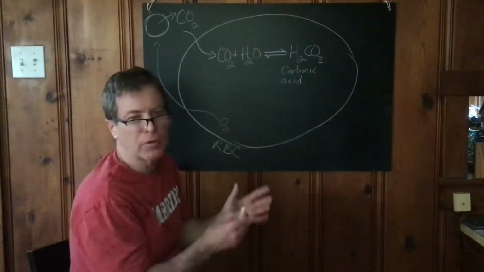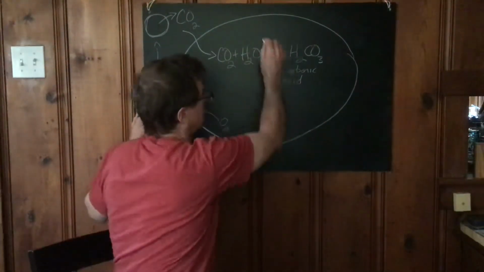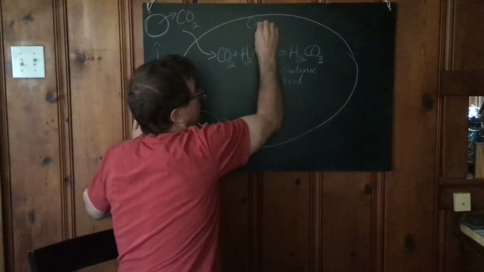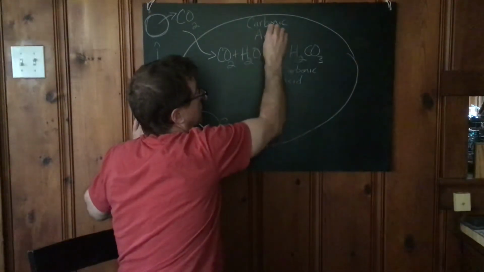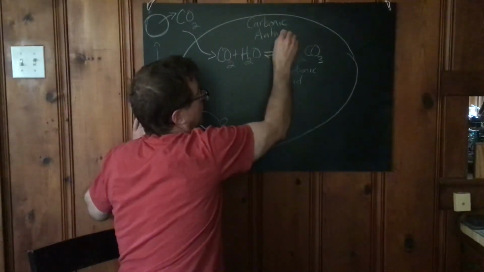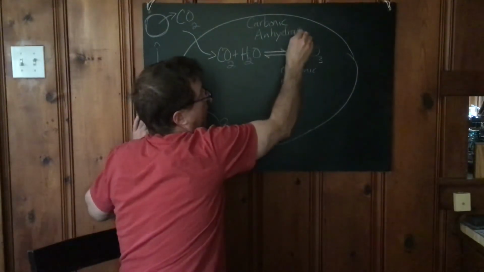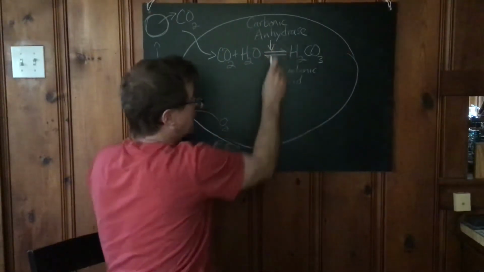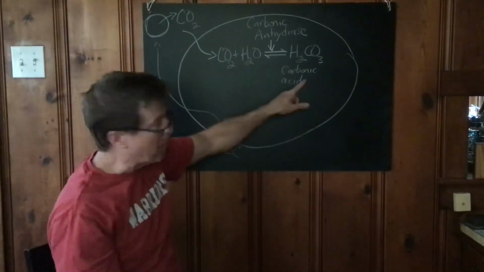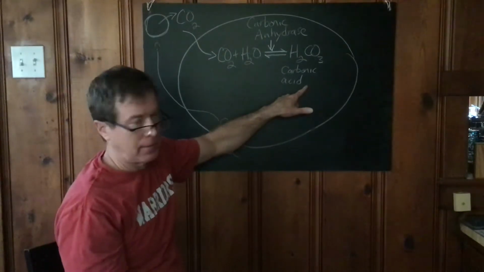And that enzyme is called carbonic anhydrase. Carbonic anhydrase speeds up this reaction, the formation of carbonic acid.